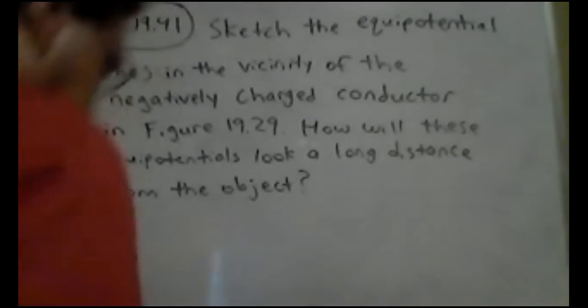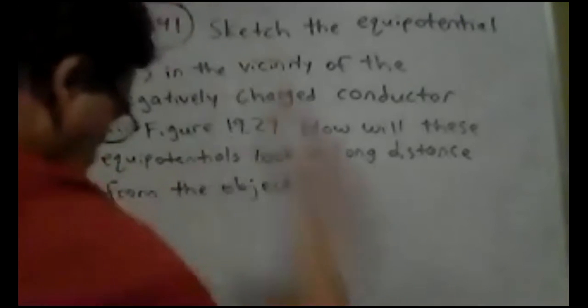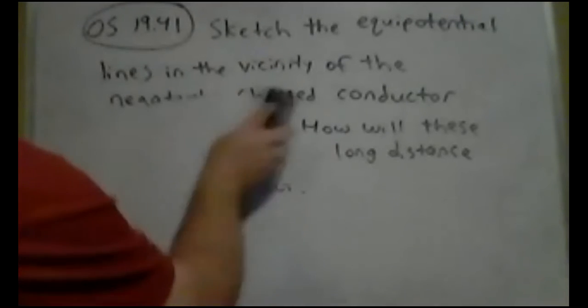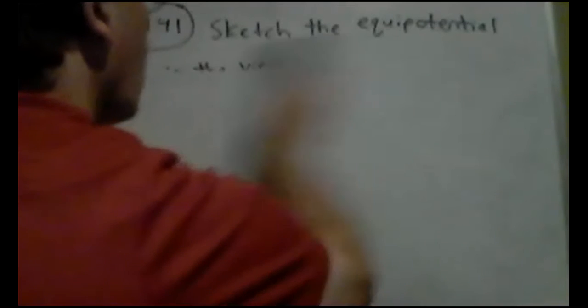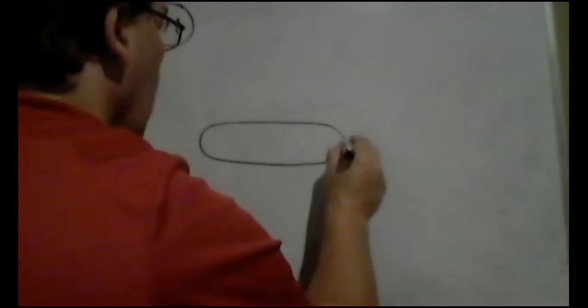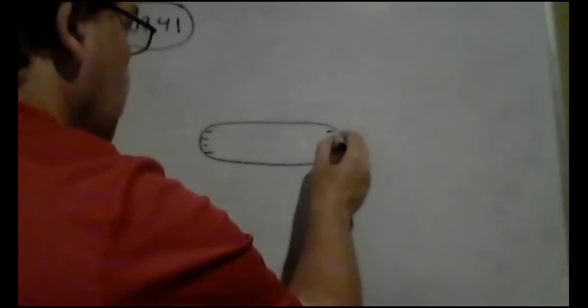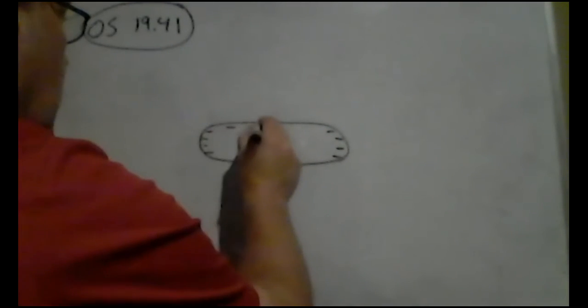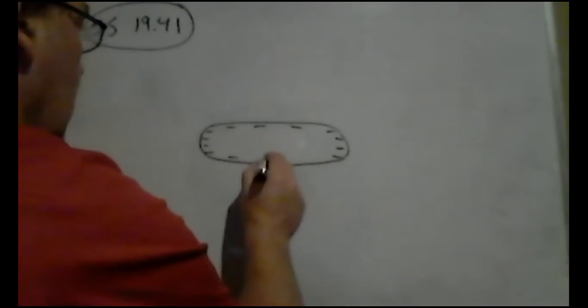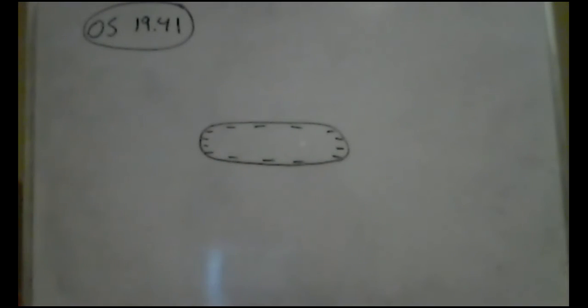All right, so draw the picture. It looks kind of like an ellipsoid. I have more of a concentration of negative charges on the end caps, and they're a little more smoothed out along the length of it.